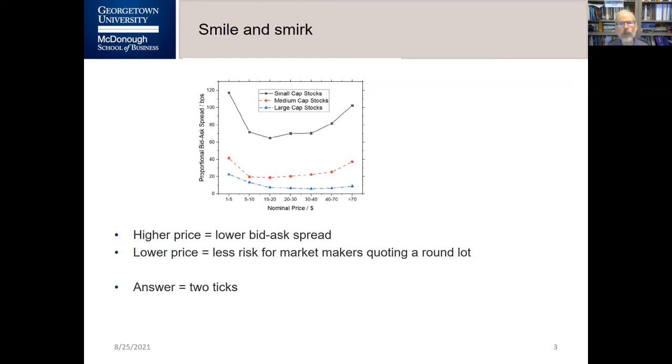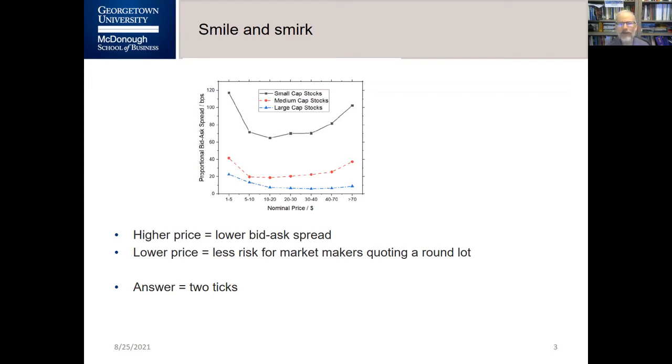But there's also another weirdness going on here, in that for small cap stocks, it's a very obvious smile. But for large cap stocks, it's more of a smirk. And in recent years, we've seen some very, very large cap stocks not bother to split at all. Now, is this for good economic reasons, or is this just the hubris of the CEO wanting to be a Warren Buffett wannabe?